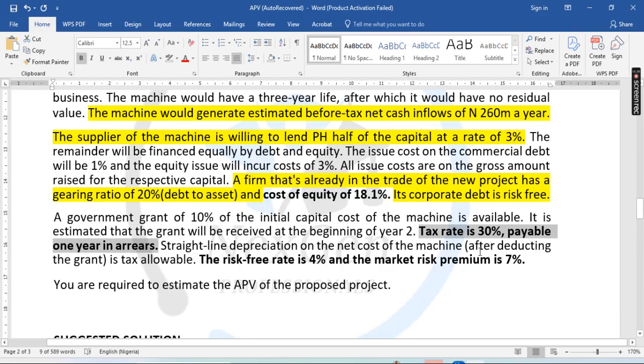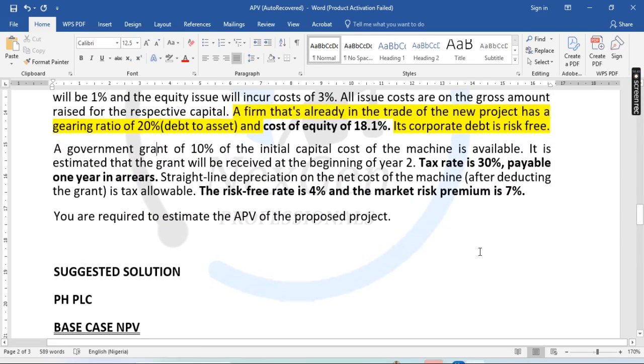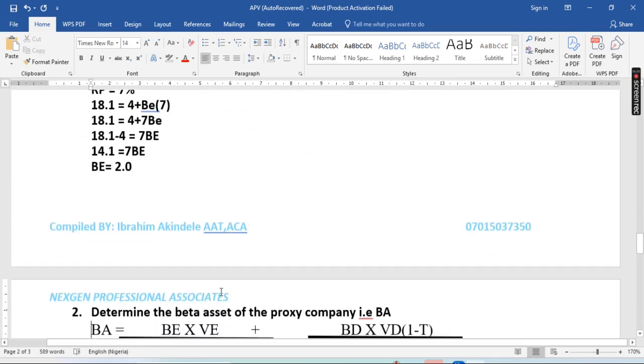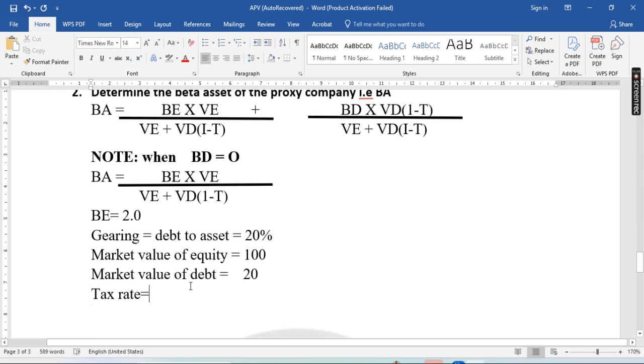So the tax rate is 30% payable in 1 year in arrears, right? We're not given the tax rate of the Proxy company that we will use. So it is assumed that this tax rate will be used for the Proxy company, right? State your assumption. The question says we should state assumption. It is actually allowed. So the tax rate is 30%.